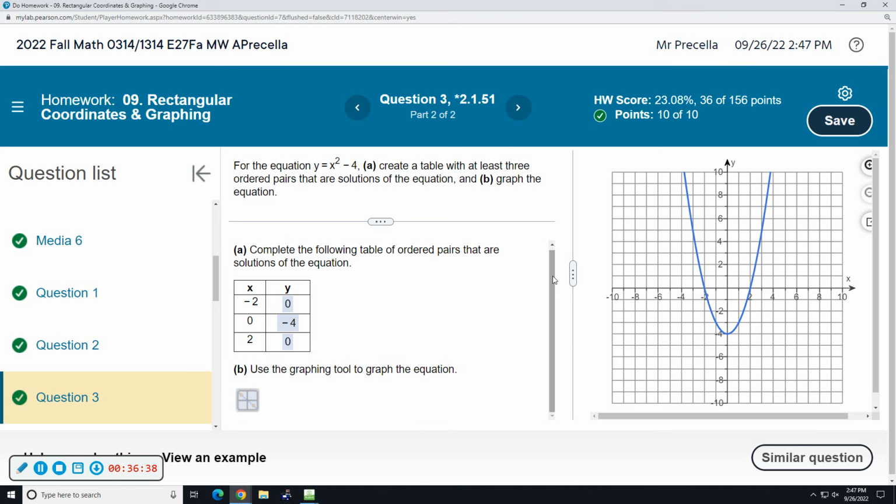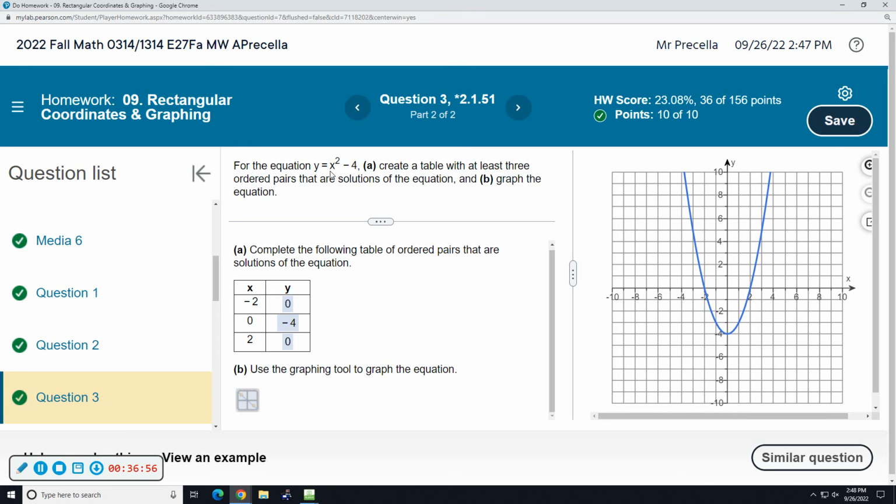Yes. Well, when we look at these things in more detail, we're going to discover that the coefficient of x squared, the number in front of x squared, will decide whether it opens up or down.